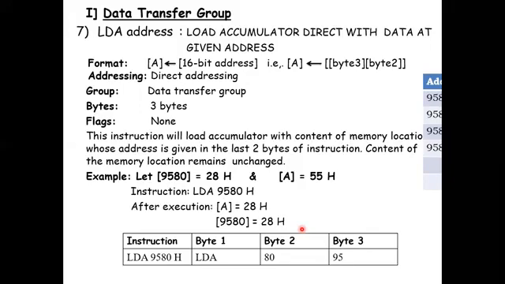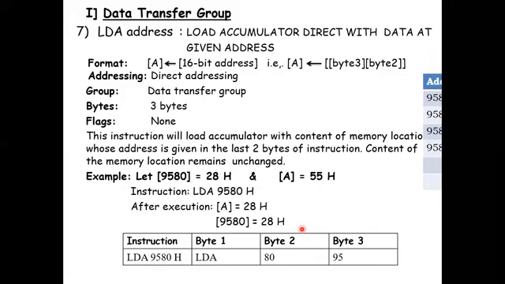LDA 7000 means the content of 7000 will be loaded into the accumulator, using the address given in the last 2 bytes of the instruction.